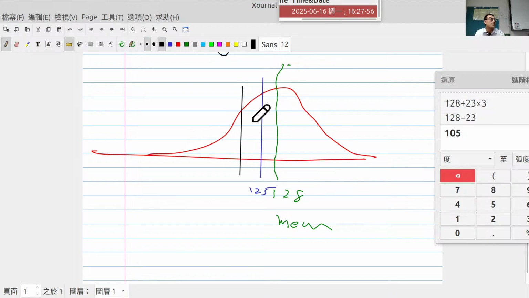It's a little bit exaggerated, and so it's very easy. The question asks us to find the area between those two. Between this area, how to get this one? How to get this one?